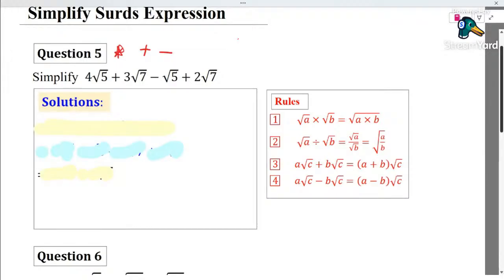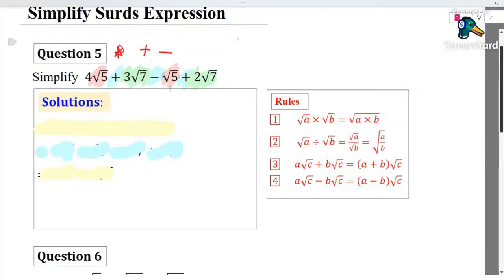If you have the operations of plus and minus among square roots, you can only do the operation among the same surd. For example here, what surds do we have? We have square root of 5. We have square root of 7. So for any operations of plus and minus, you can only do them among square roots of the same type: square root of 5 and square root of 5, square root of 7 and square root of 7.